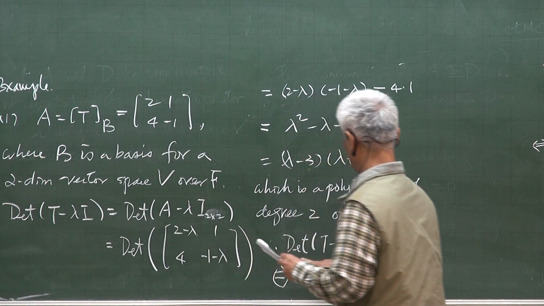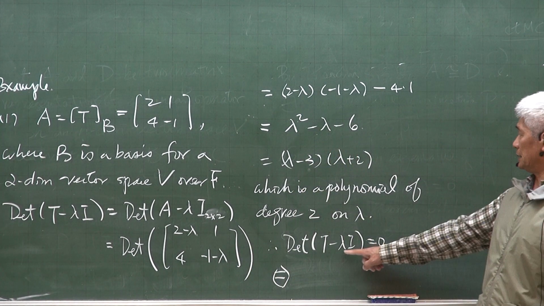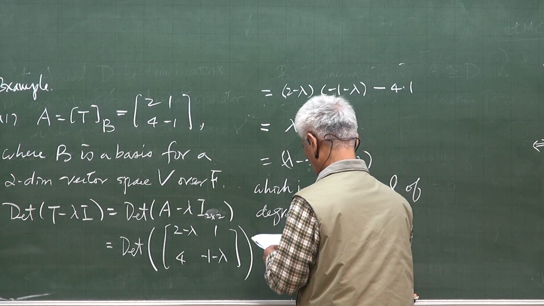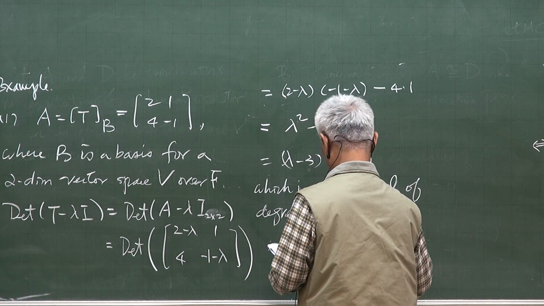When we solve this equation, the determinant of T minus lambda I equals 0, we find that lambda is equal to 3 or minus 2.